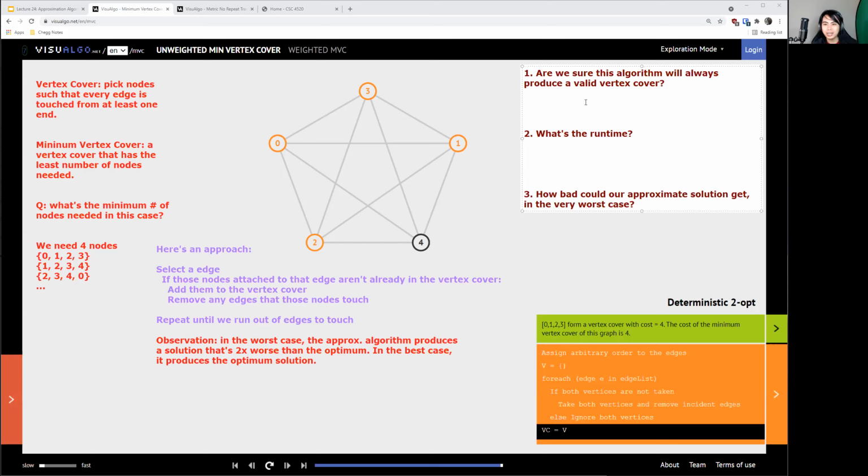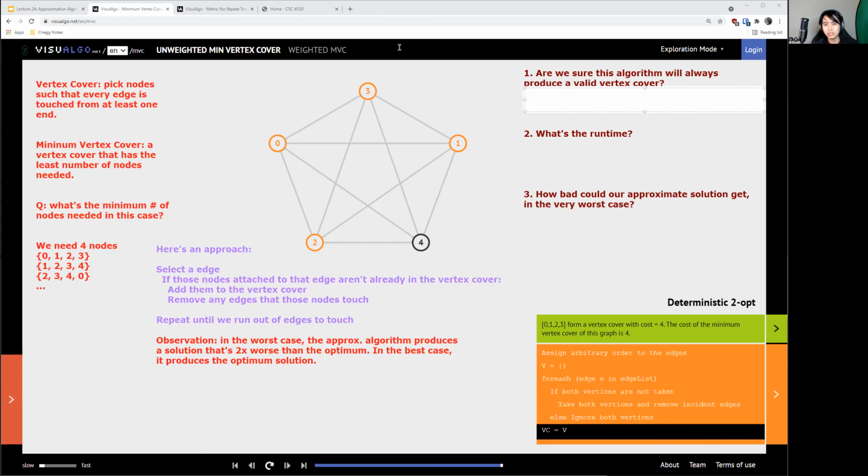Well, the answer for 1 is relatively straightforward. Let me just sketch it out, right? We know that we're picking edges and adding the nodes into our vertex cover, right? That's what we have so far. Every time we add nodes, we remove edges based on the edges they touch, right?